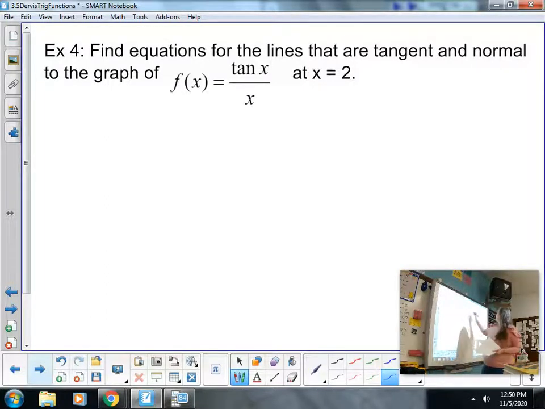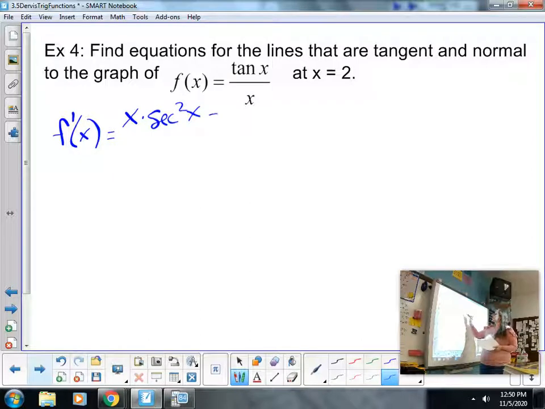So in order to find a tangent and normal line, I need a slope. And for a slope, we need a derivative. Tangent x over x is a quotient, so I have to use the quotient rule. So we have low d high. The derivative of tangent is secant squared.